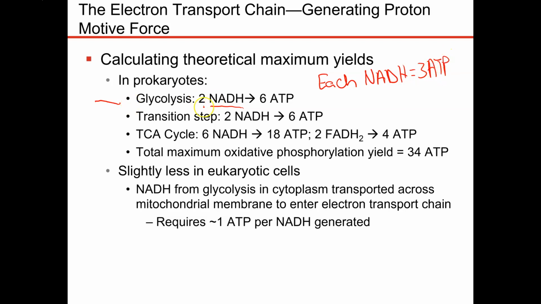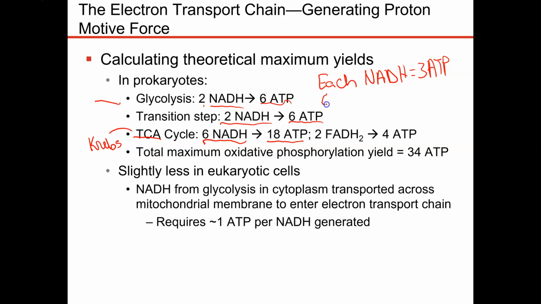Because glycolysis gave us 2 NADH, we get a total of 6 ATP. Transition also gives us 2 NADH, so we're going to get another total of 6 ATP. The Krebs cycle, this is the tricarboxylic acid cycle, I'm going to put Krebs over here. They give us a total of 6 NADH, which gives us 6 times 3 is 18 ATP.